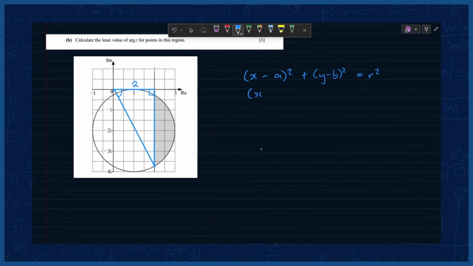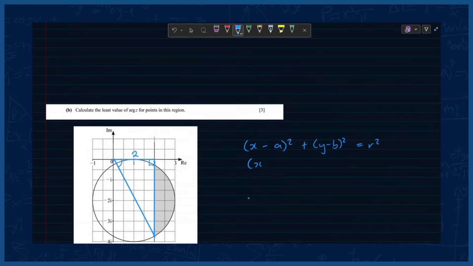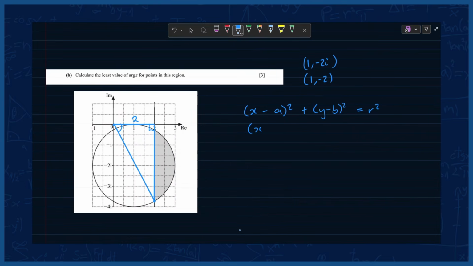In our case, we know our center had the coordinates 1 and negative 2i, which in the world of real numbers is just 1 and negative 2. So that would mean we've got x minus 1 squared plus y minus negative 2, so y plus 2 squared, is equal to our radius squared. Our radius was 2, so 2 squared, which is 4.